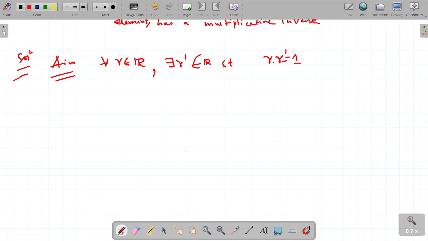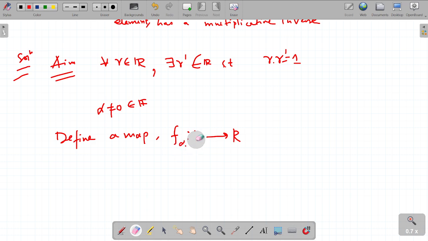So consider alpha non-zero belonging to F. Now define a map f alpha from R to R. I consider alpha not equal to 0.